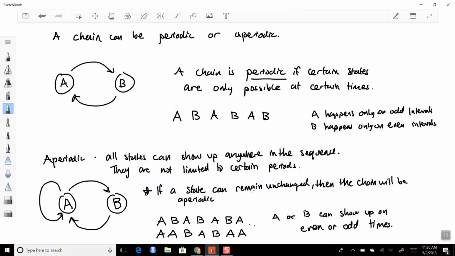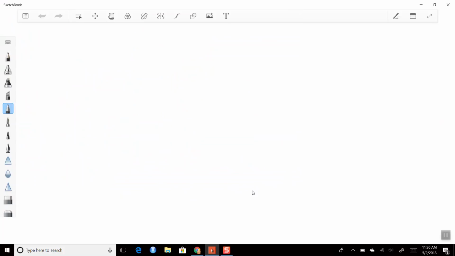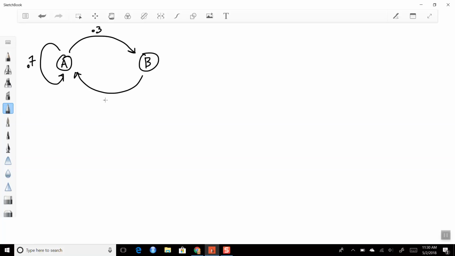All right, and so anyway, we can use the transition matrix to figure out the distribution of things after applying the transition. Okay, so we'll go back and we've got this thing, and we said going from A back to itself is 0.7, A to B is 0.3, going from B to A is 0.4, and B back to B is 0.6, and our transition matrix P looks like this.